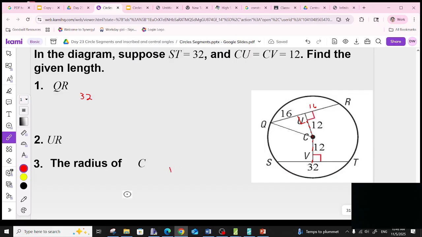How do you find the missing side of a right triangle when I'm given the legs of 12 and 16? Yep. A squared plus B squared equals C squared. So 12 squared plus 16 squared equals C squared.